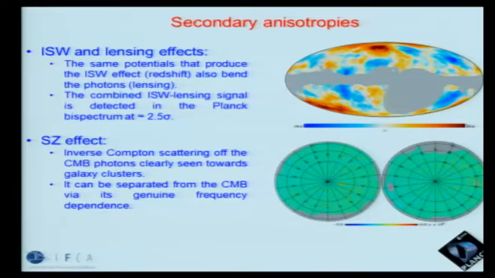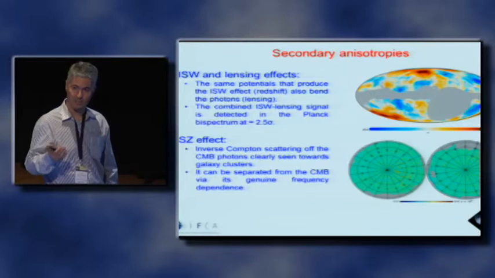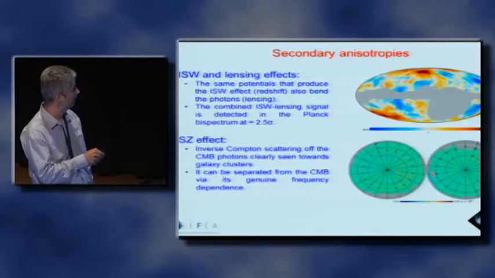So apart from lensing, there are other secondary anisotropies that have been detected by Planck for the first time. For instance, the integrated Sachs-Wolfe effect, which is a gravitational redshift of the photons, produced by the same gravitational wells as the bending of light.